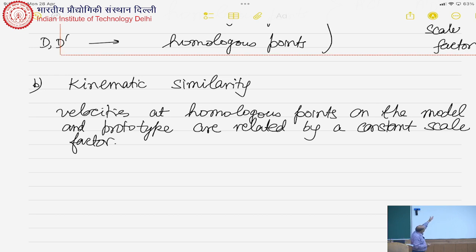Obviously, the scale factor need not be the same as the scale factor for length. The velocity at 2 points when I look, and if I look at two other points, then the velocities will be in the same ratio.